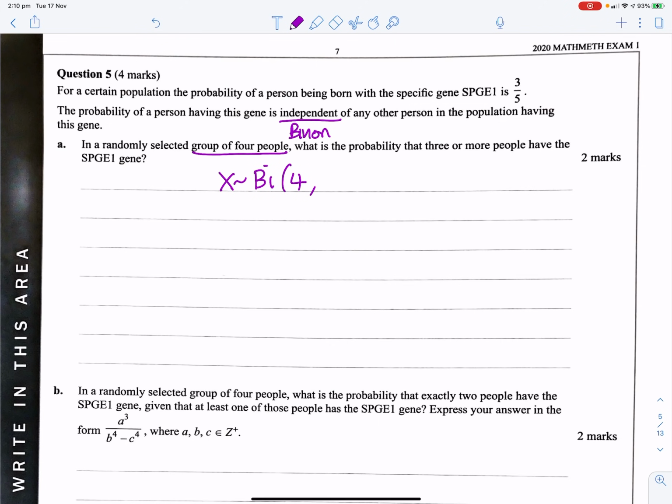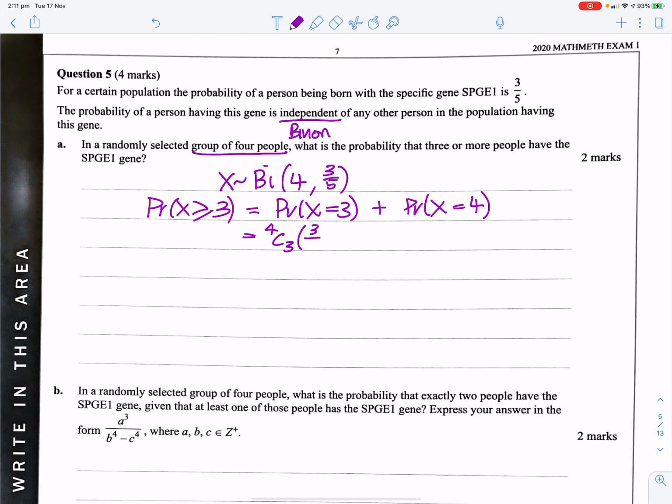There's 4 people, and the probability of having the gene is 3/5. We want to know the probability that X is greater than or equal to 3, which is the probability that X equals 3, plus the probability that X is equal to 4.